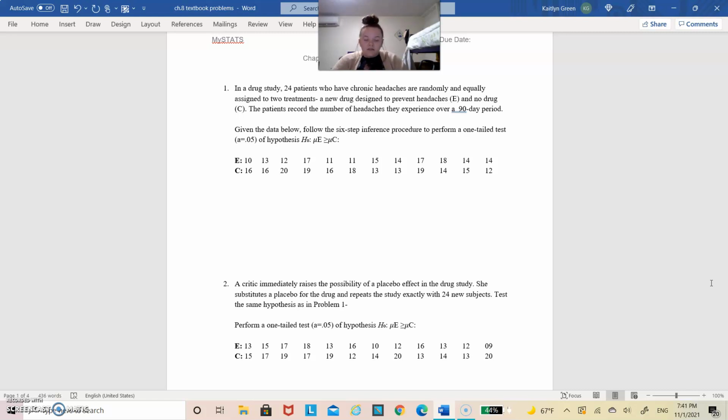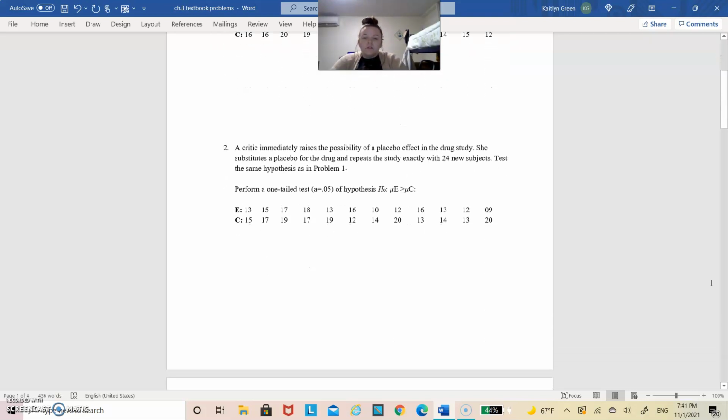What that basically means in English is that the drug did in fact significantly lower the average number of headaches compared to the control group, which we can see in the fact that the mean is lower in the experimental group than the control group, but obviously it's not enough information just to form an assumption.